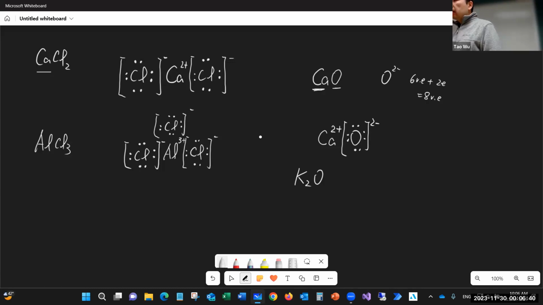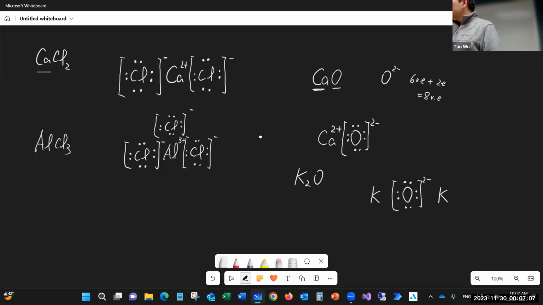Potassium oxide, you see, there are 2 potassium and 1 oxygen. So the oxygen is going to be the central atom, and the potassium will be on the sides. The oxide ion has 8 dots and a 2 negative charge.